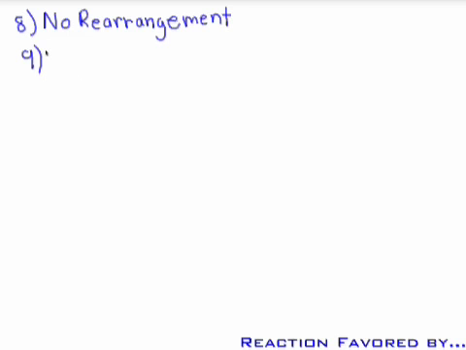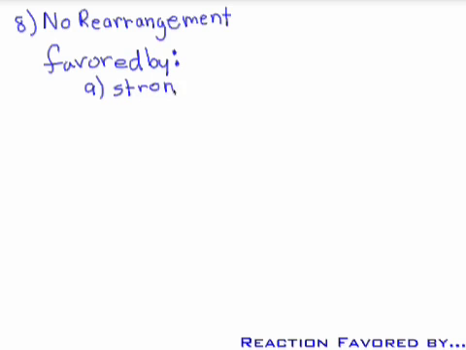Key feature number 9, or let's not call it a key feature, let's call it a favored by statement. Overall, the reaction is favored by A, stronger bases. Notice I say bases because I'm concerned with base attack. In elimination, I'm attacking hydrogen, not carbon. When you attack H+, you are acting like a base. Stronger bases.